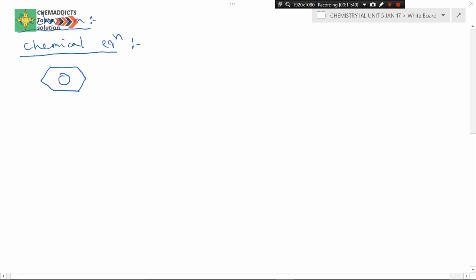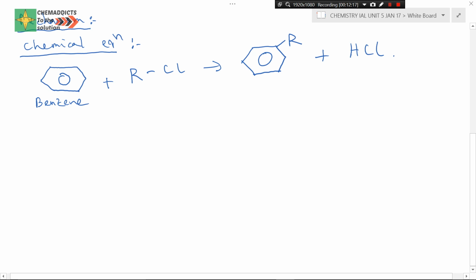So this is a benzene reacting with a chloroalkane. Let us first write down the sample reaction scheme for the mechanism. This is the benzene ring, benzene nucleus, and here we're gonna have R in the side chain plus HCl. So this is the main reaction scheme of this reaction.